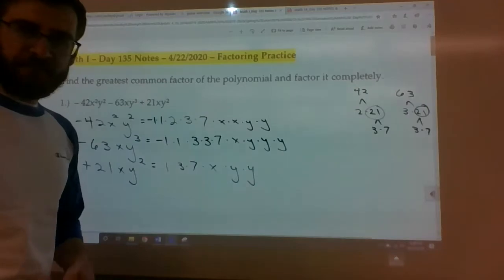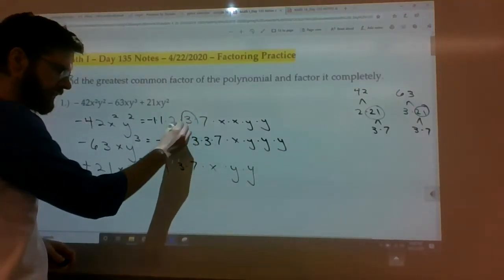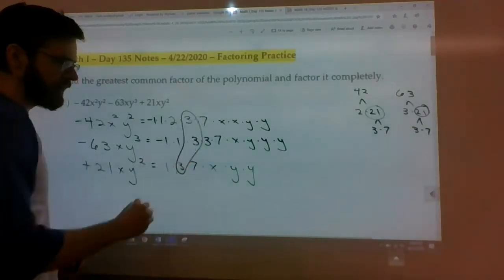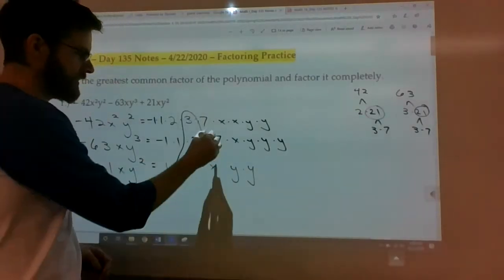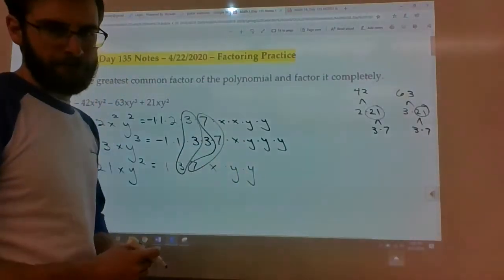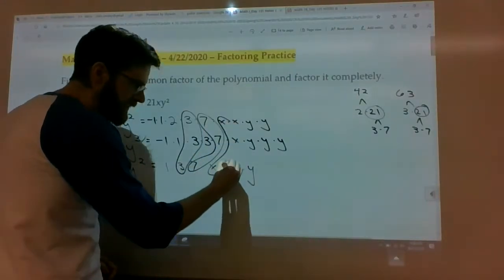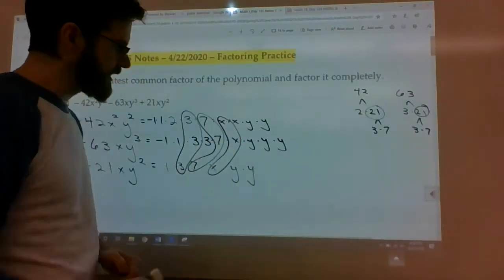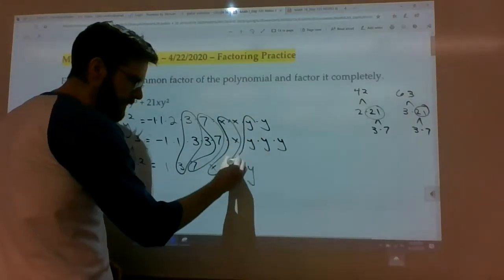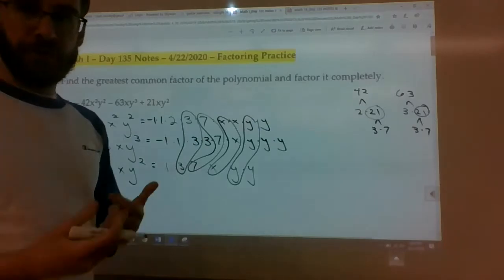All right, so if you've totally forgotten about how to do prime factorization, there it is. Now the GCF is what they all share. So they all share a 3, and they all share a 7. They all share an x, and they all share a y. So here's how we do this.